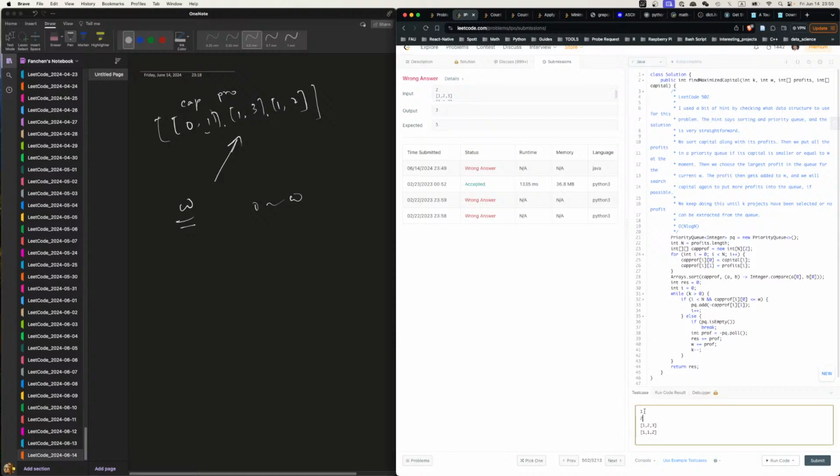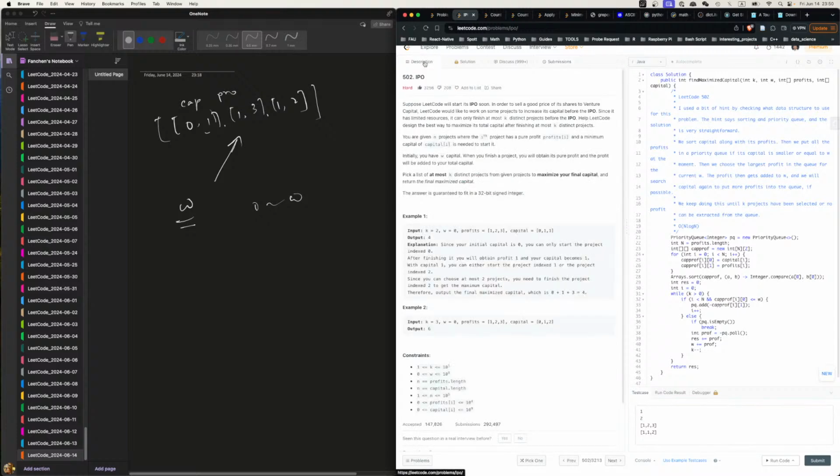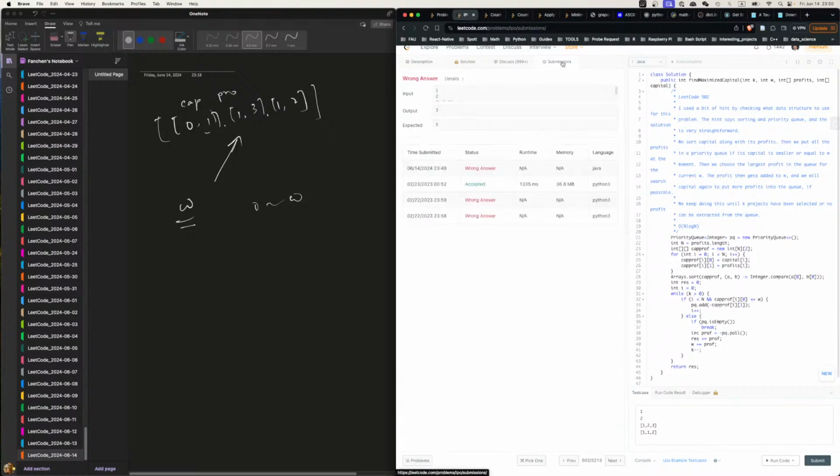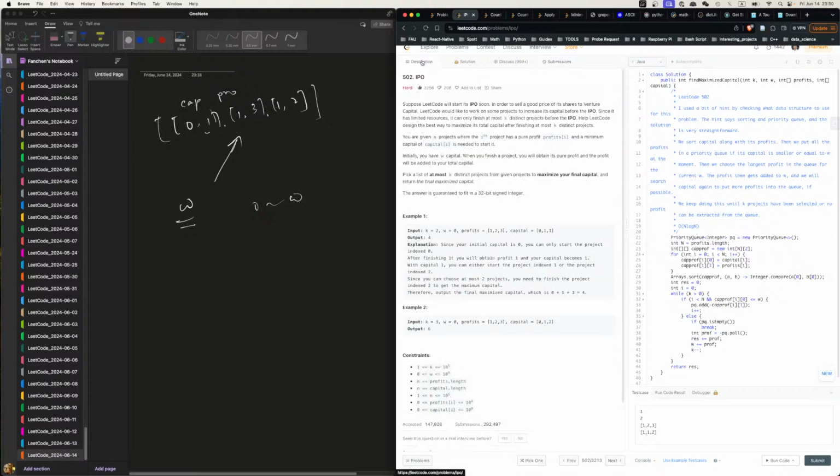Wait, hold on. k is 1. Huh? How? Wait, hold a second. At most k distinct projects and maximize the final profit.